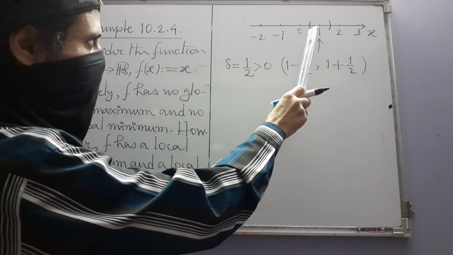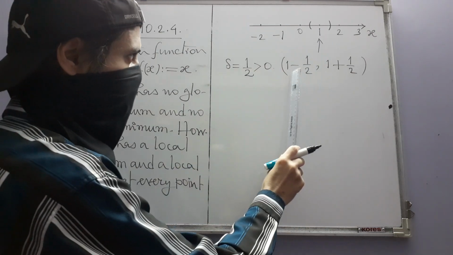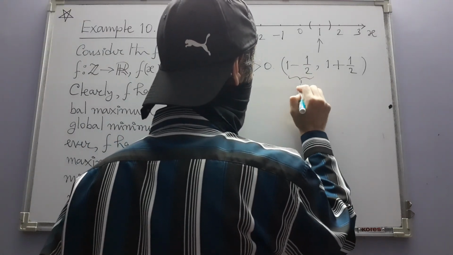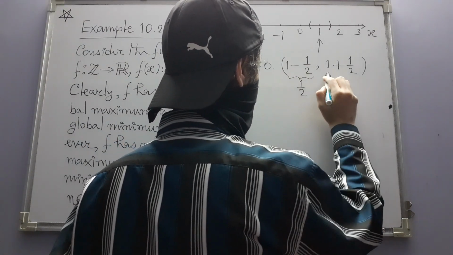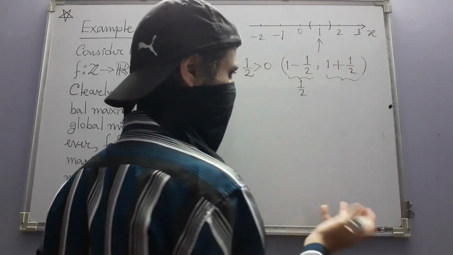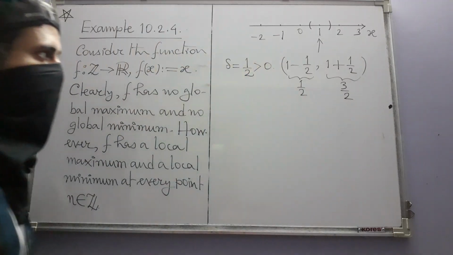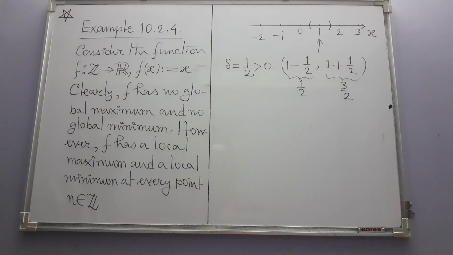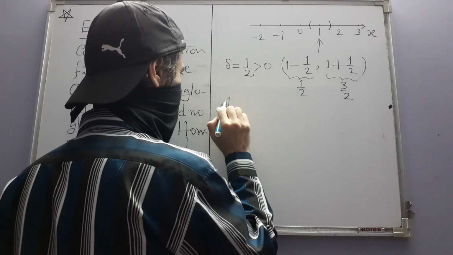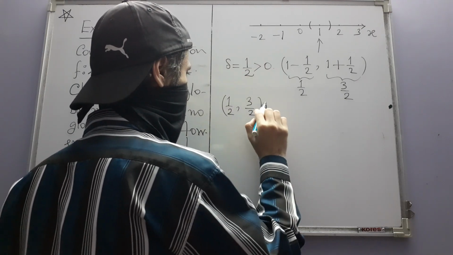For example, this boundary point is the midpoint of 0 and 1, which is this 1 minus 1 over 2, and that is just 1 over 2. And this is the midpoint of 1 and 2, which is 1.5 or 3 over 2. Alright. Now, so that means what interval am I getting? I am getting this interval.